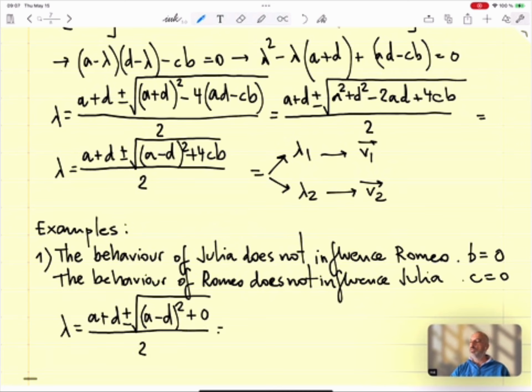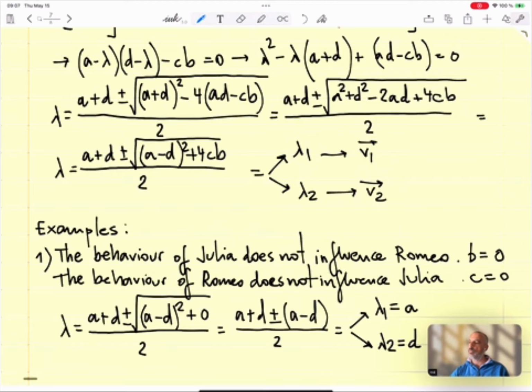So this means A plus D plus minus A minus D, divided by 2. So if we take the plus, we get lambda 1, which is going to be A, the first eigenvalue, and the second eigenvalue is going to be D. Okay?